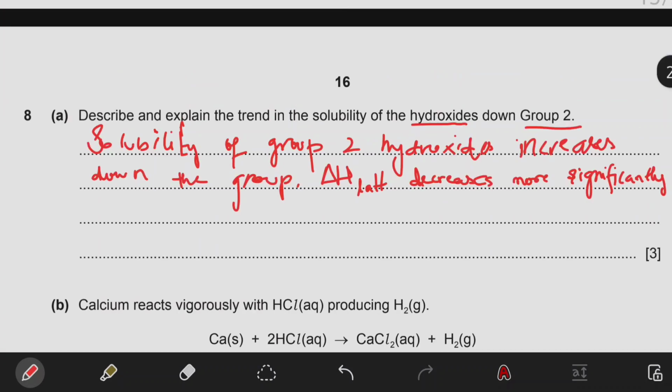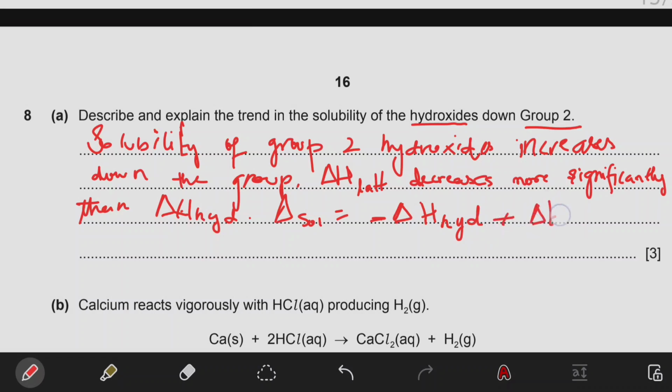So hence, according to this formula, enthalpy change of solution is equal to minus enthalpy change of hydration plus enthalpy change of lattice.